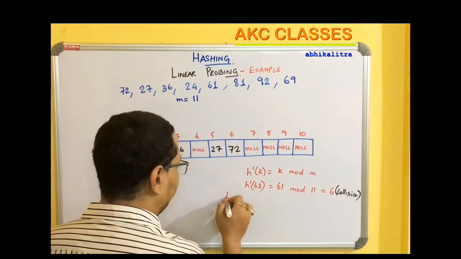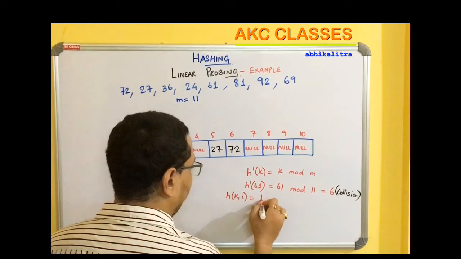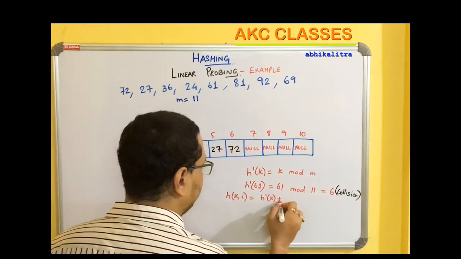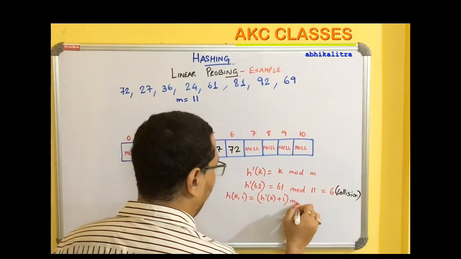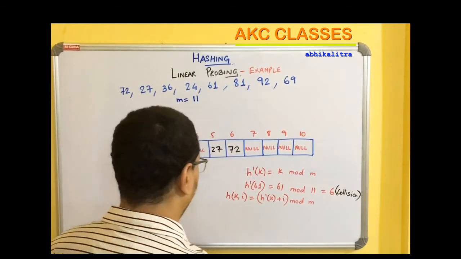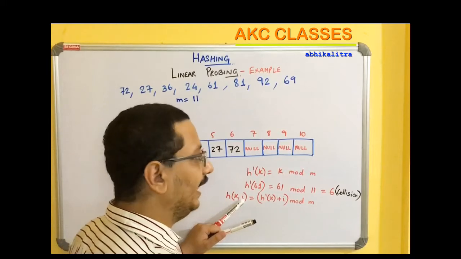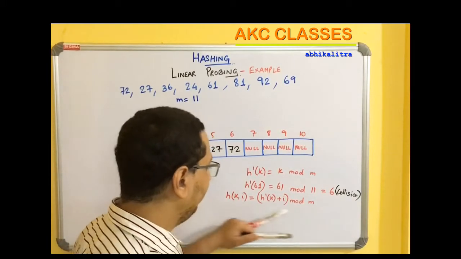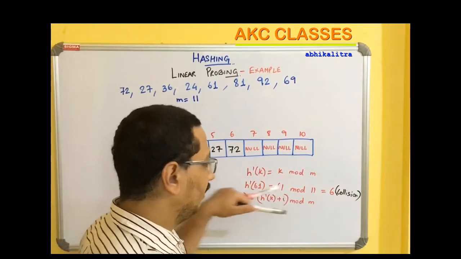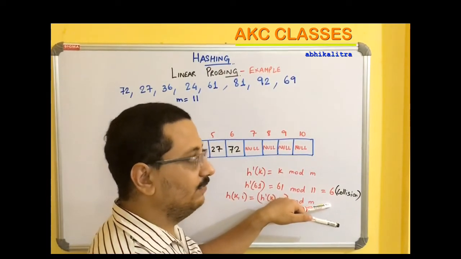The secondary hash function is h of k comma i, and this will be h prime of k plus i mod m. We have to start i with 1, because when we put i equal to 0, this hash function will function like the primary hash function, which was already computed and resulted in 6, which is a collision.